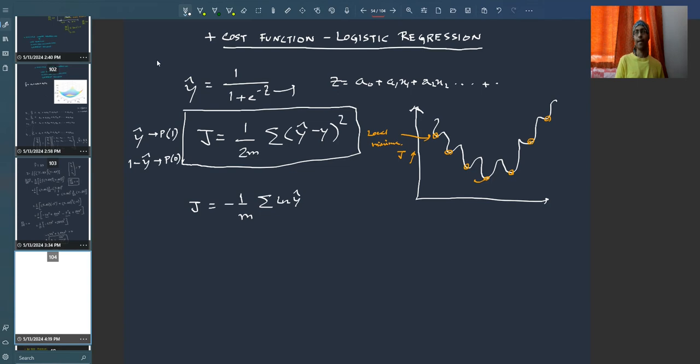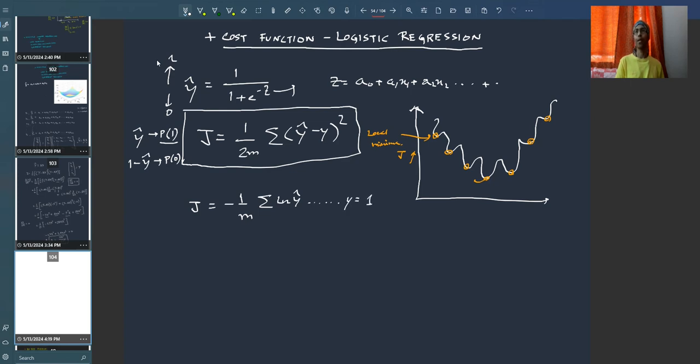Now in this equation, only the probability of y coming 1 is covered. So y hat has the tendency to go towards two directions, 1 and 0. This is covering only one direction, where it goes towards 1. So this equation is valid only for one condition, that is y is equal to 1.